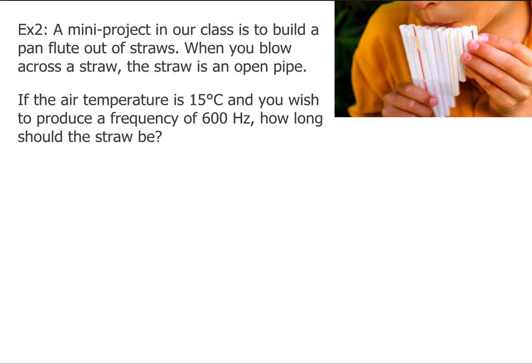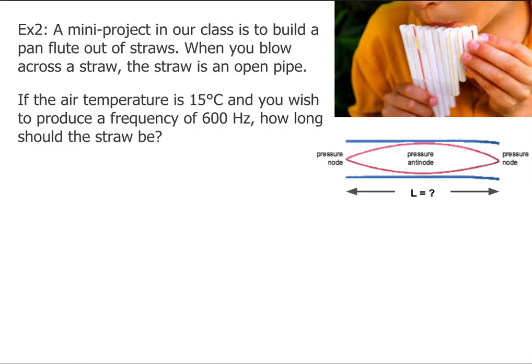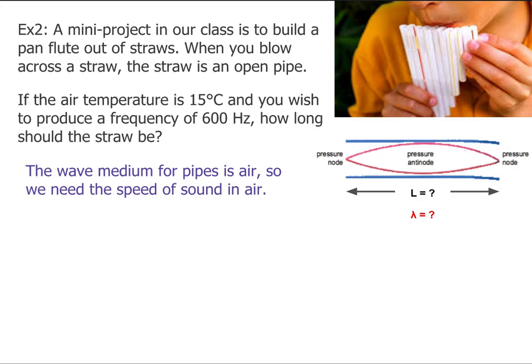We can figure out how long the straw will be by again considering what that open pipe pattern would be. It would be a half of a wave that we would need to figure out. We need to know what the wavelength is of this in order to figure out what the length of the pipe should be.